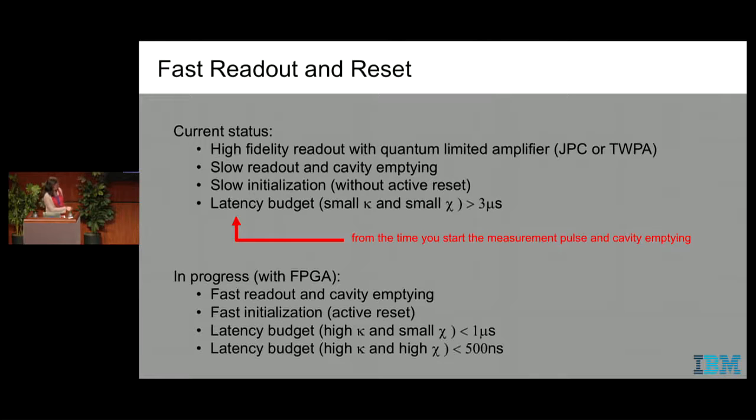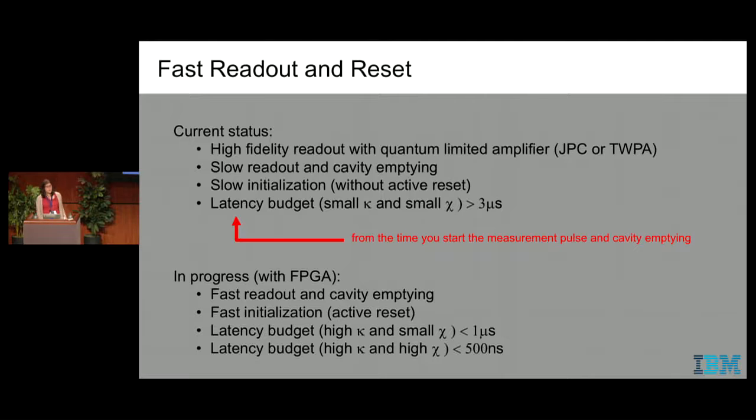Here, depending on how we design the kappa and chi, we could have this latency budget be less than 1 microsecond, or with a higher chi, we could actually reach 500 nanoseconds. Using an FPGA, this latency budget would include the time it takes to determine the signal. So you could do an active reset right after this 500 nanoseconds, and then restart a new experiment.